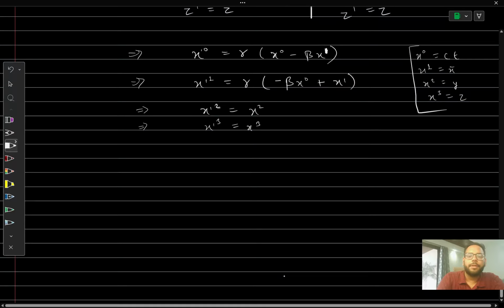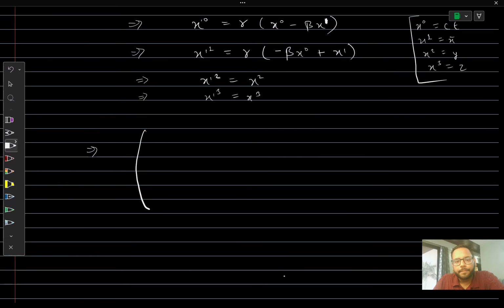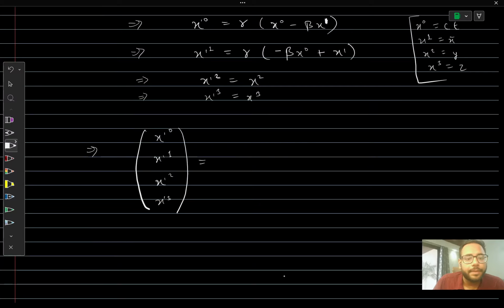Now you can make a matrix out of it. x0 prime, x1 prime, x2 prime, x3 prime.